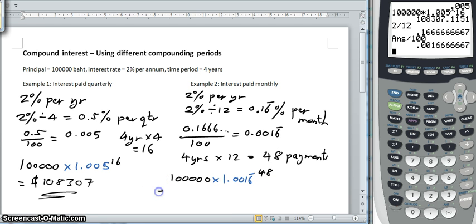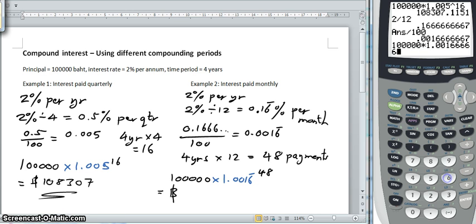That will give us, let's have a look, and again we'll round it off when we do it. We've got 100,000 times 1.001, and put a few sixes in, to the power of 48.